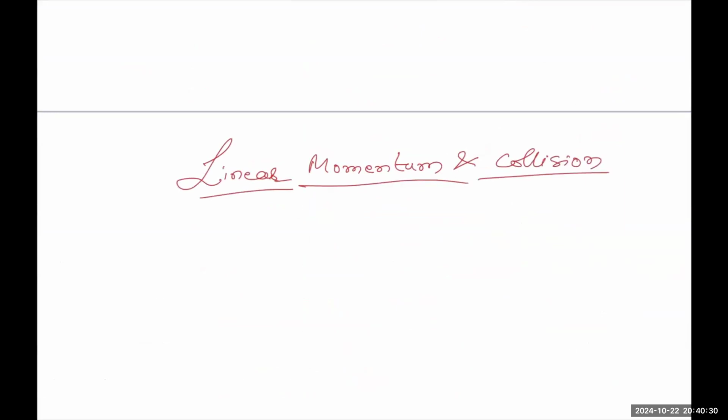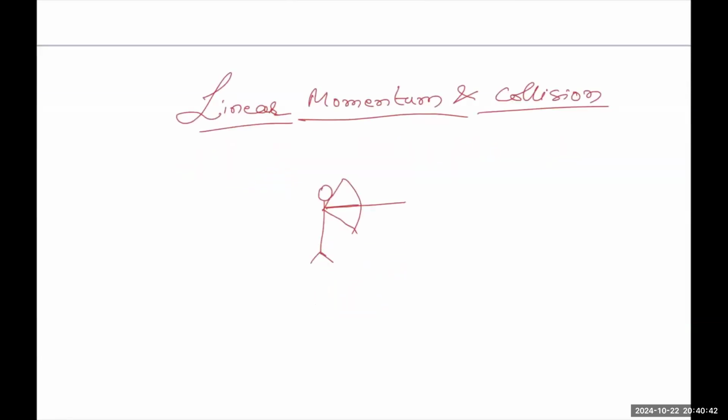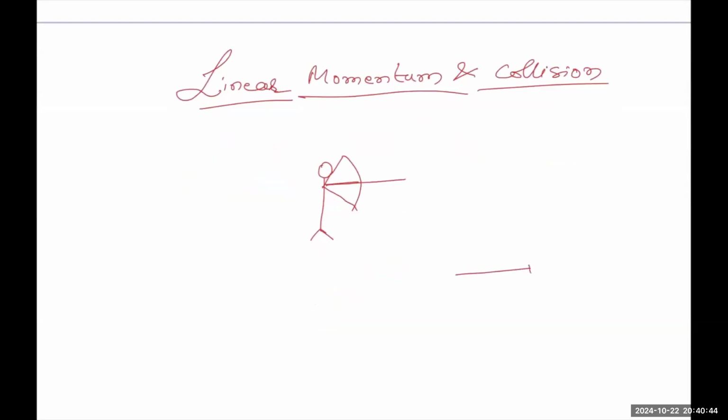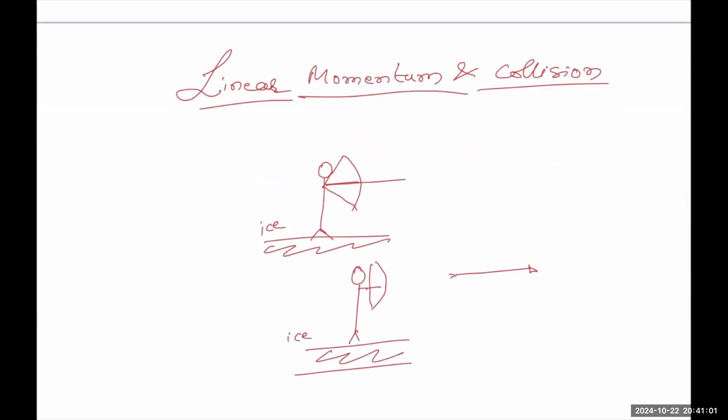Suppose there's an archer pulling and then trying to throw this arrow, right? And once the arrow is delivered, if the archer is standing on top of ice, meaning there is no friction, the arrow will go with some velocity, VA.